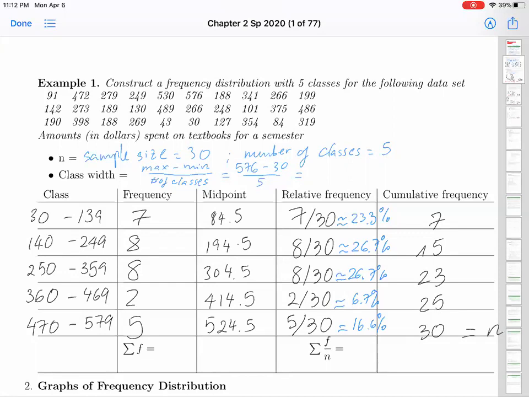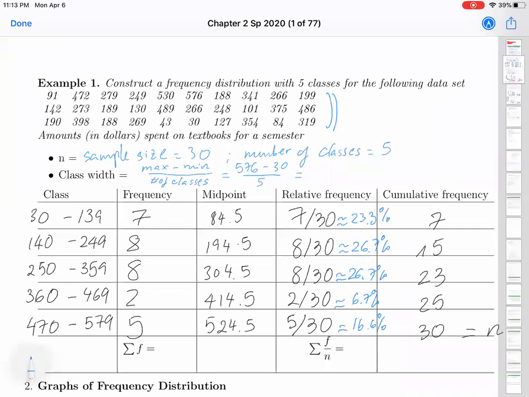For example, I will ask 30 students, how much money do you spend on textbooks for a quarter? Then 30 students each will give me a number telling me how much they spend on textbooks. And I collected those 30 numbers. And these numbers would be my data set with a sample size of 30.